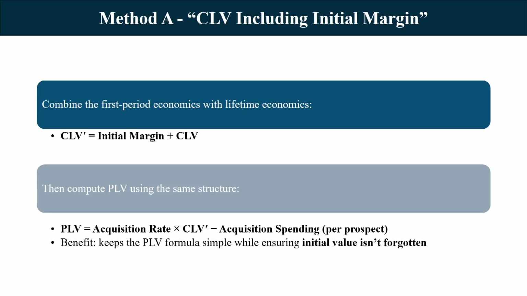So, now let us have a look at two different methods. One is CLV including the initial margin, and another approach is calculation per prospect. In method A, where the CLV includes the initial margin, the first step is to combine the first period economics with the lifetime economics.